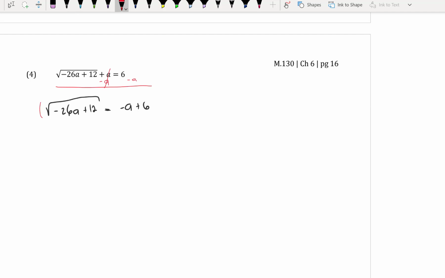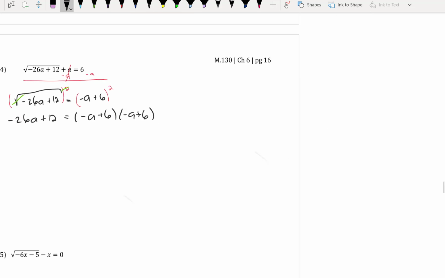So from here, because it's a square root, I would square both sides. The square root and the square will cancel, so I'm left with -26a plus 12. And here I have -a plus 6 and -a plus 6.